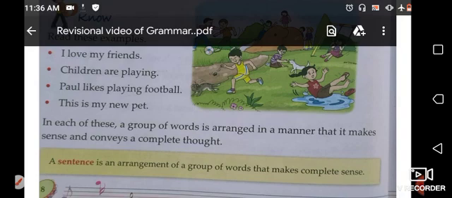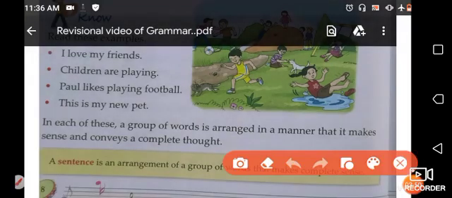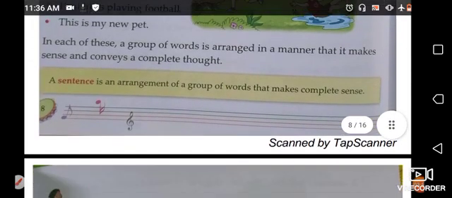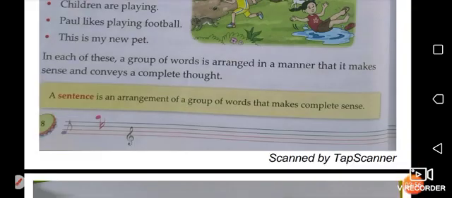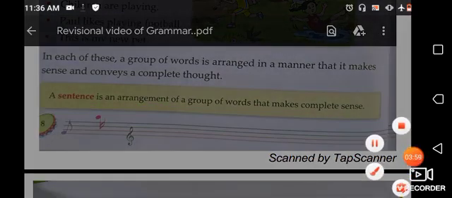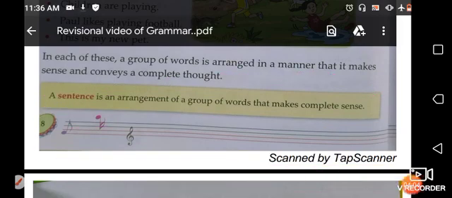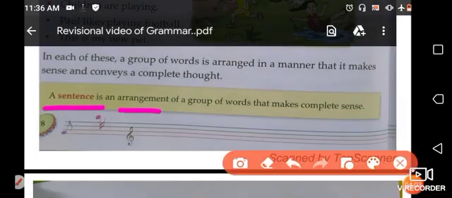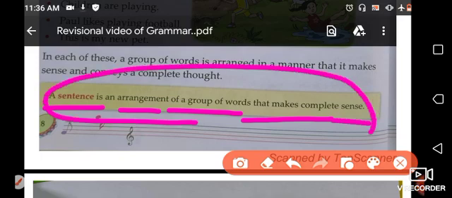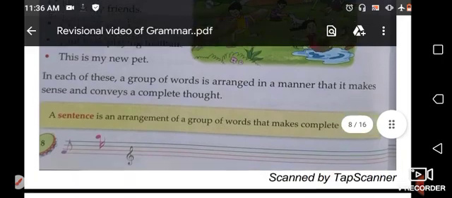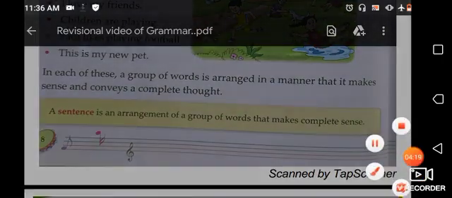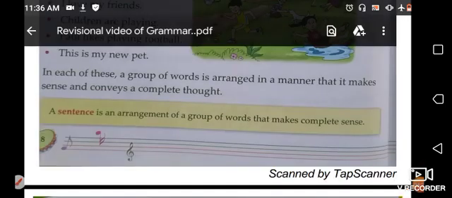If someone asks you what a sentence is, what will you answer? You will say that a sentence is an arrangement of a group of words that makes complete sense.